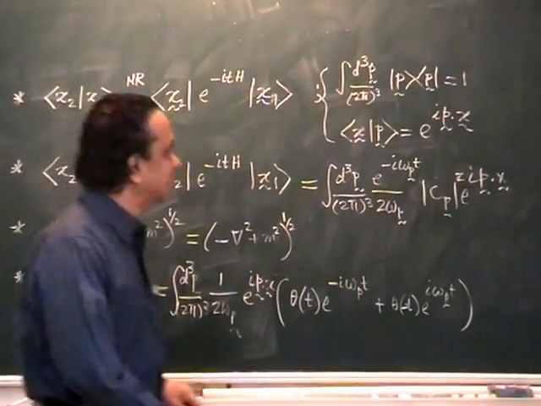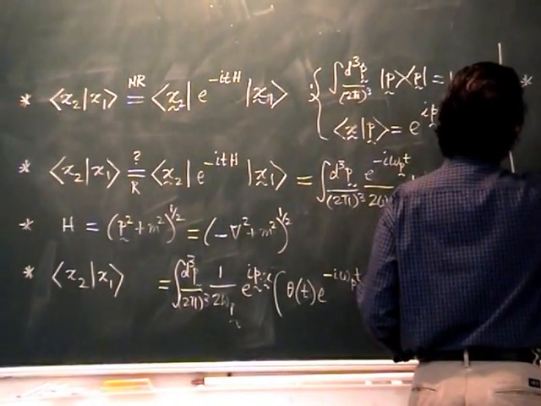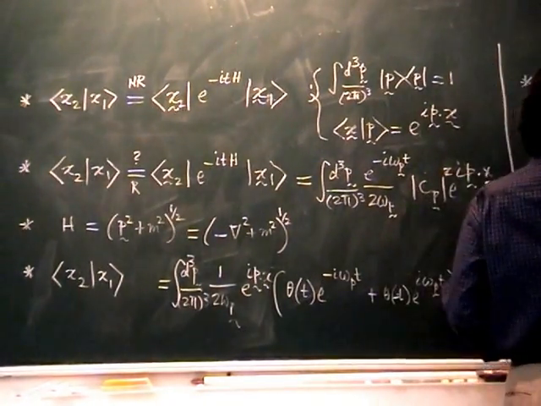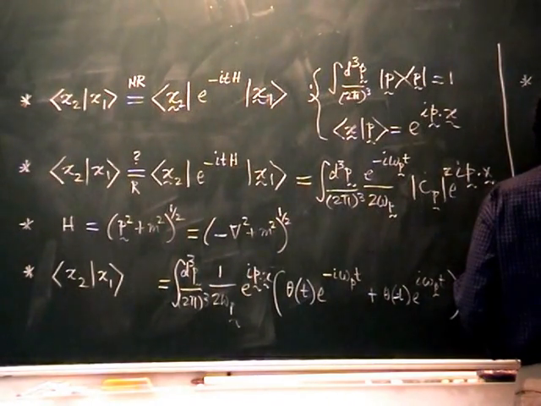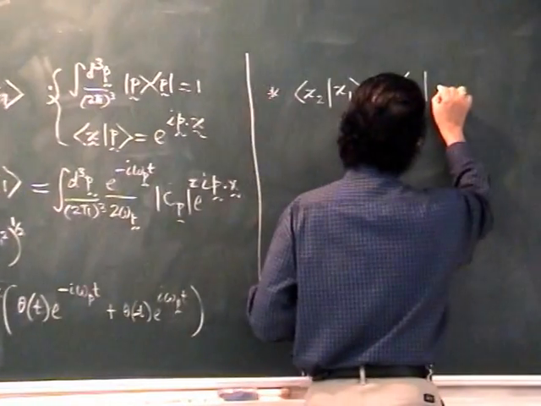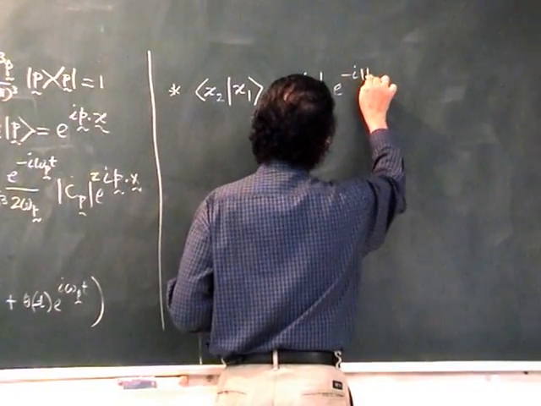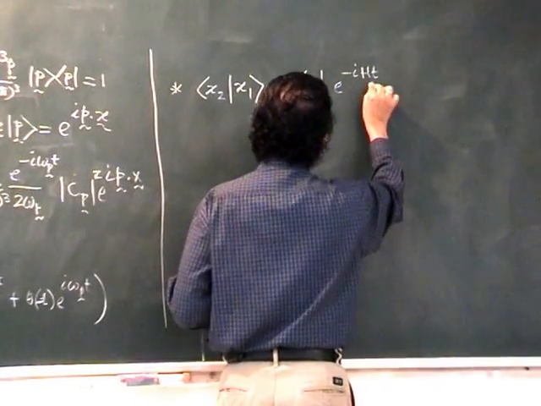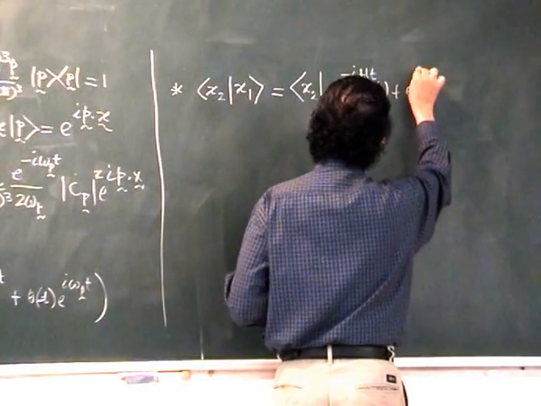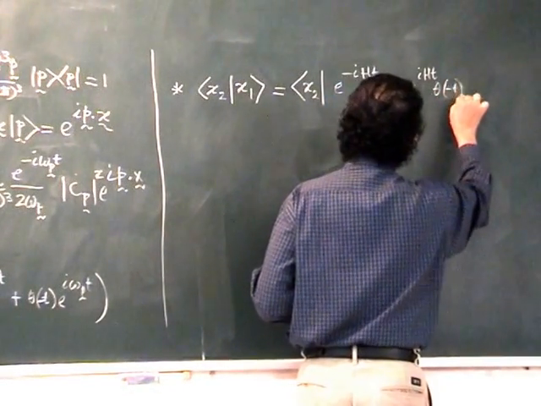So you could have written this x2, x1 in a very funny sort of way, as x2, x1 here could have come from x2, and you write here the same theta of t kind of structure, which is equivalent to, let me write it in expanded form, e to the minus i h t theta of t plus e to the i h t theta of minus t, x1.